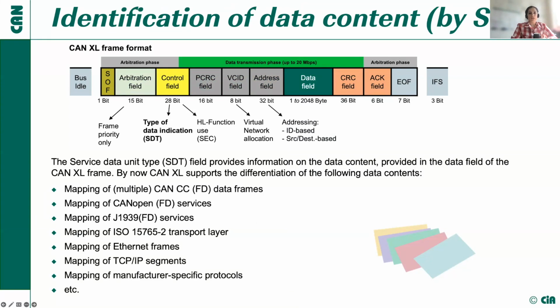By using CAN XL, now you can see here that CAN XL until now supports the differentiation of these data contents, such as mapping of CAN CC data frames and CANopen and the others.